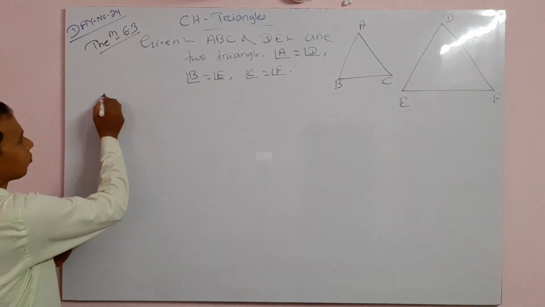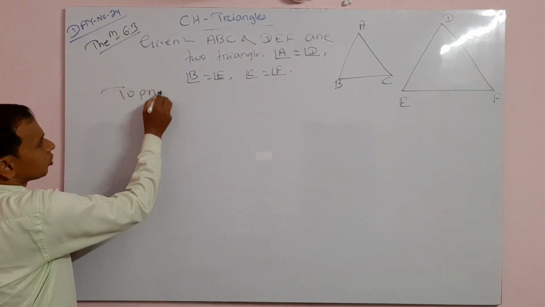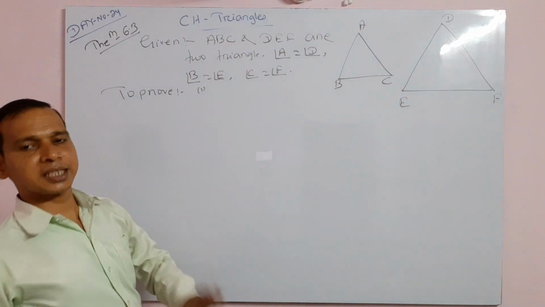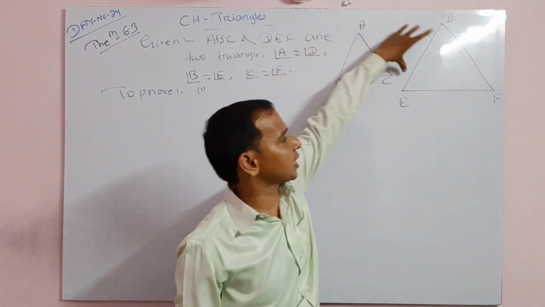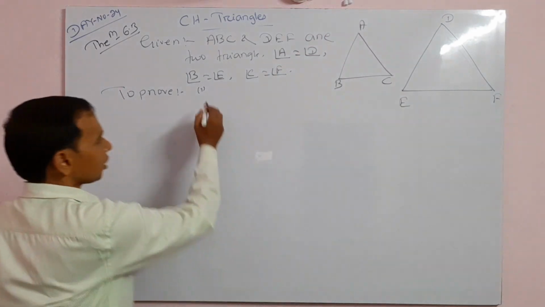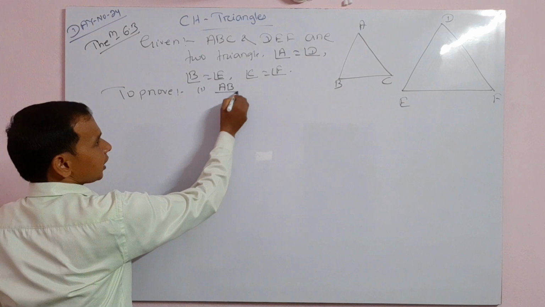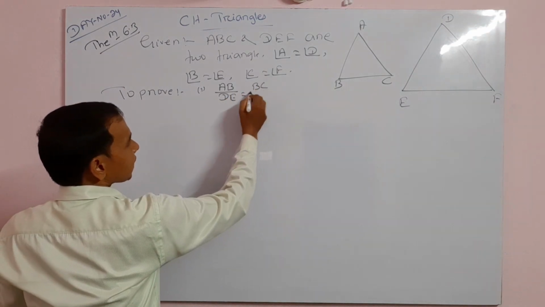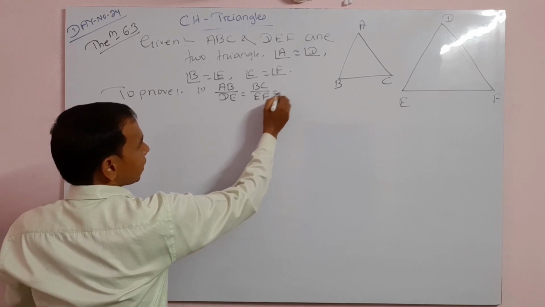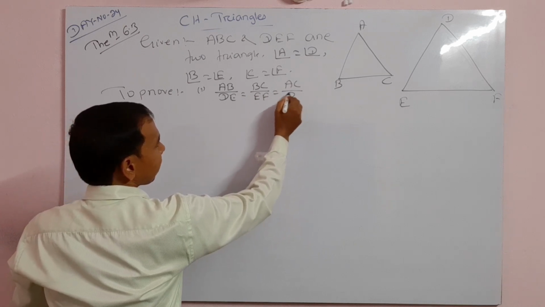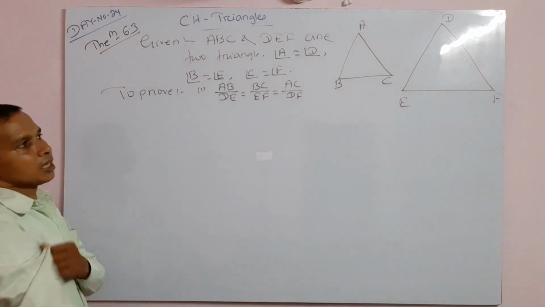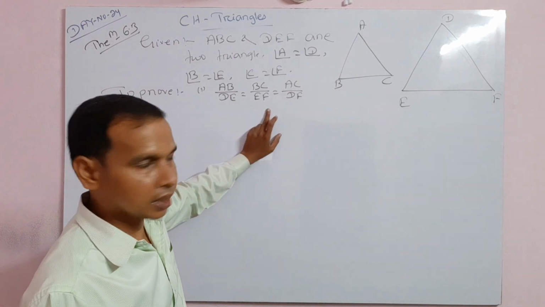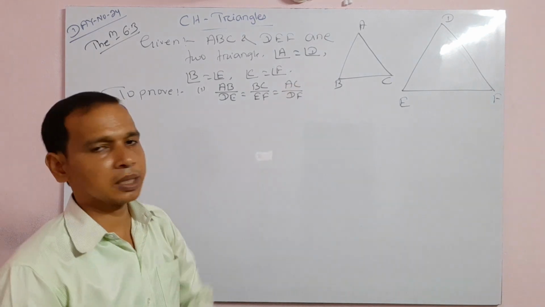Then to prove, our aim is to prove that, first option, respective sides. देखो AB's respective side here is DE, so AB by DE is equal with BC by EF is equal with AC by DF.